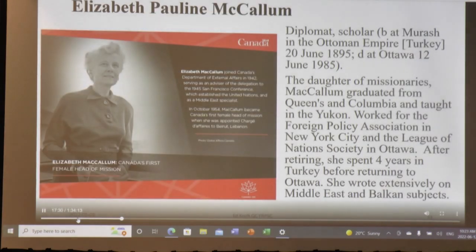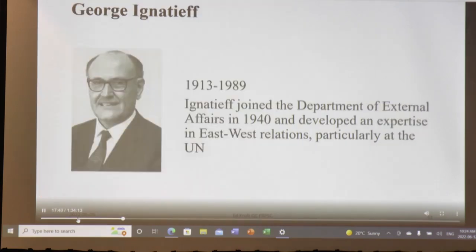An extraordinary person, Elizabeth McCallum, who was at odds with Pearson and certain other members of the Department of External Affairs. She was a diplomat, a scholar. She was born in the Ottoman Empire, for example, and she wrote extensively on matters in the Middle East.